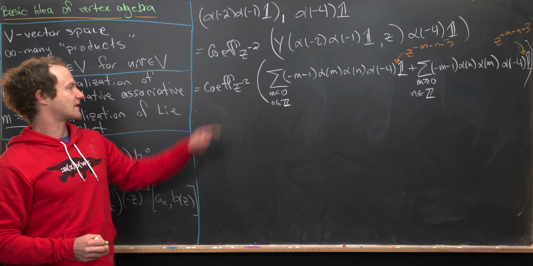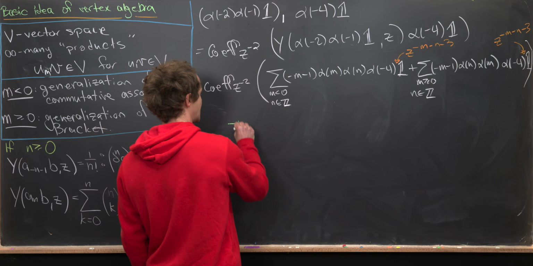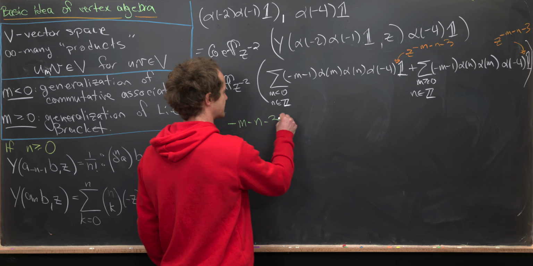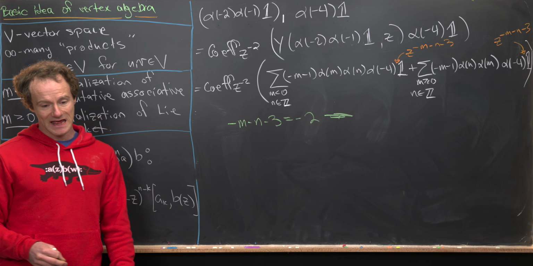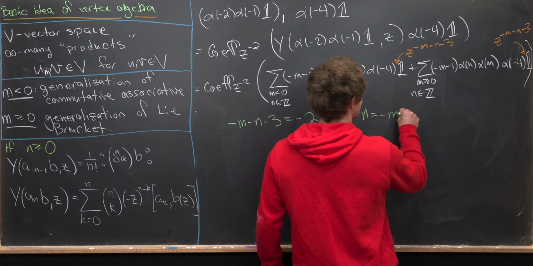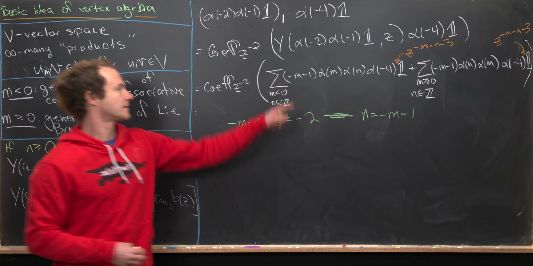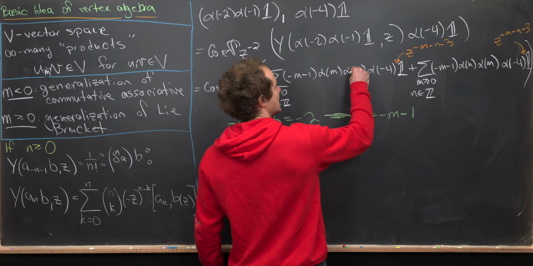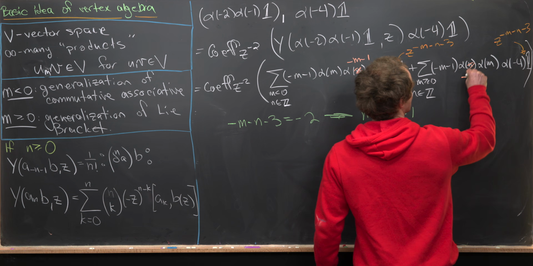So here we want to take the coefficient of z to the minus 2, which means we need to set minus m minus n minus 3 equal to minus 2. Then we can solve that for n, and we'll see that n is equal to minus m minus 1. So that means we can go in here and replace our n with minus m minus 1. So let's do that everywhere.